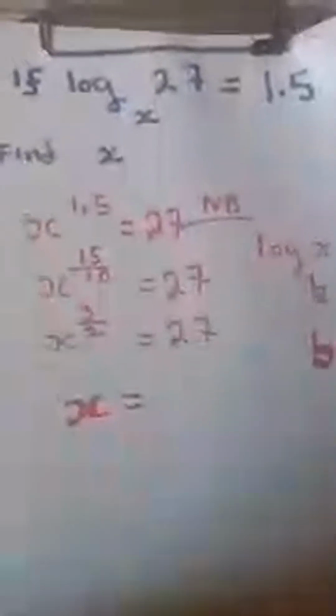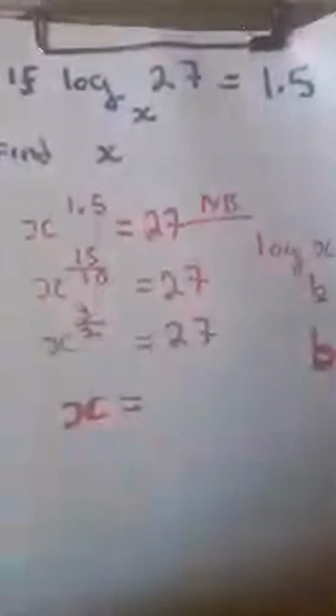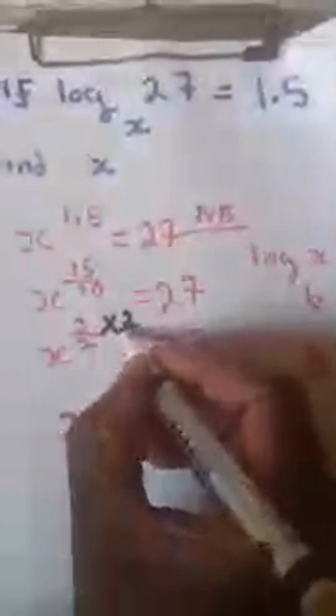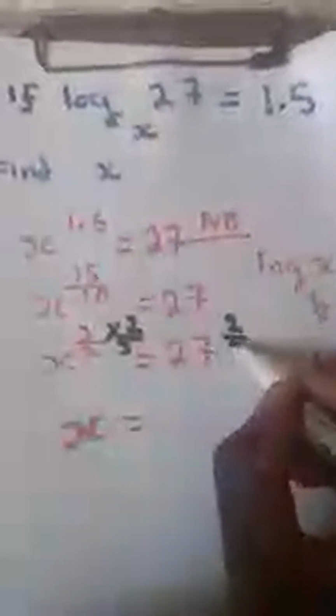To get the value of x, it is very simple. What are we going to do? I'm going to raise both sides to the power of 2 over 3, the inverted power of 3 over 2. So these powers are going to cancel.